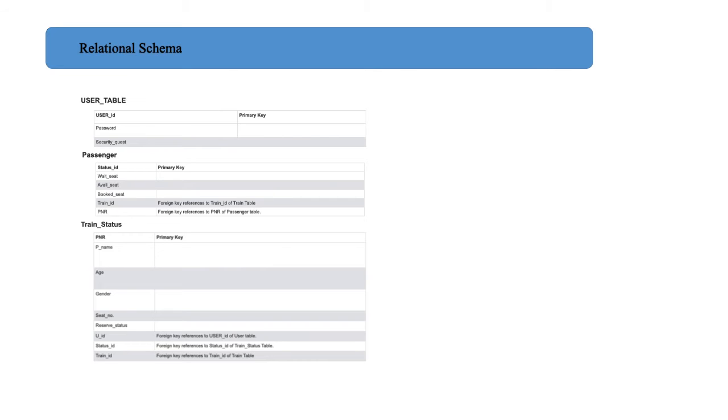In the avail seat, you can see the availability of seats in the train. Next entity is train status, and P name, age, gender, seat number, reserve status, UID, status ID, and train ID are the attributes of this. Next entity, station.